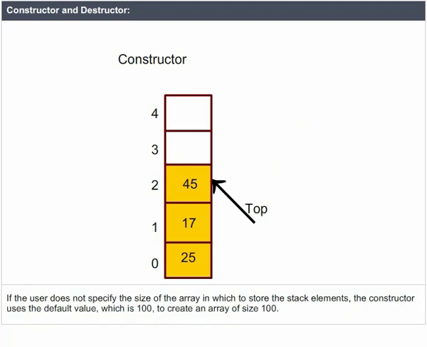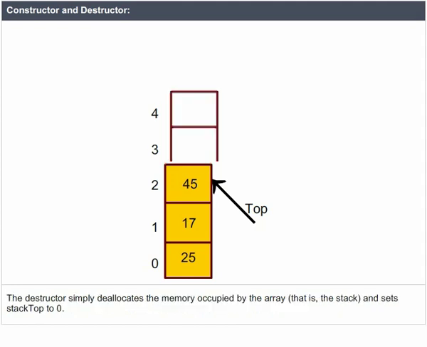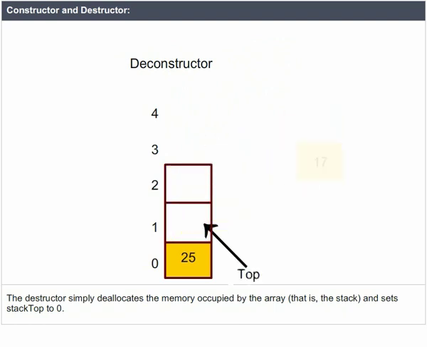If the user does not specify the size of the array in which to store the stack elements, the constructor uses the default value, which is 100, to create an array of size 100. The destructor simply deallocates the memory occupied by the array, that is, the stack, and sets stack top to 0.